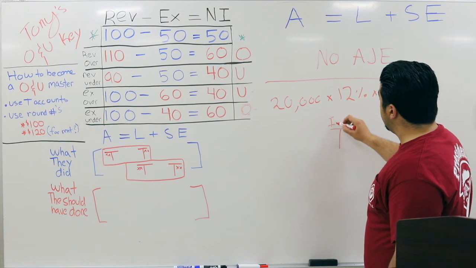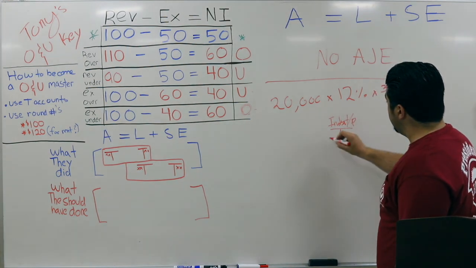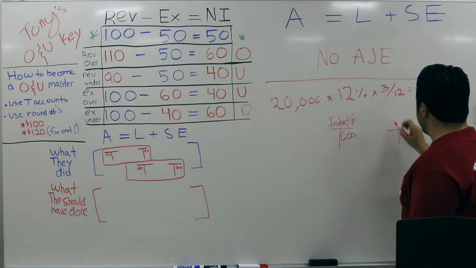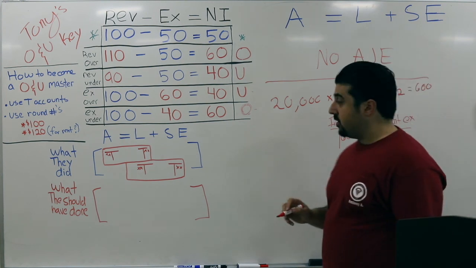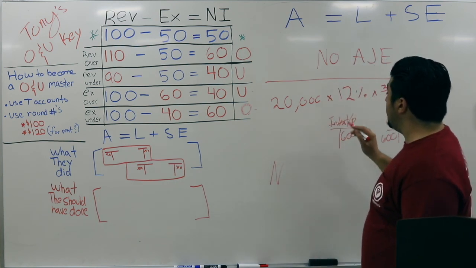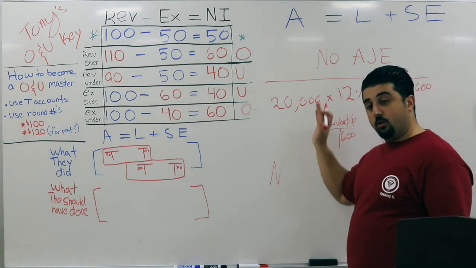So this is what they did. Interest payable of 600, interest expense of 600. They forgot to do that. So assets, no effect. Liability, they have 600 of liability, but they didn't record it.